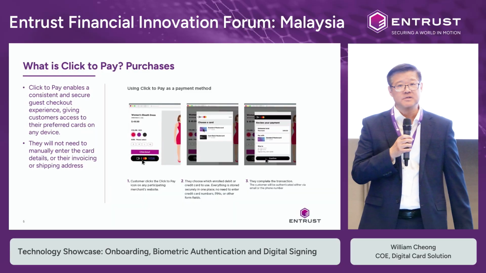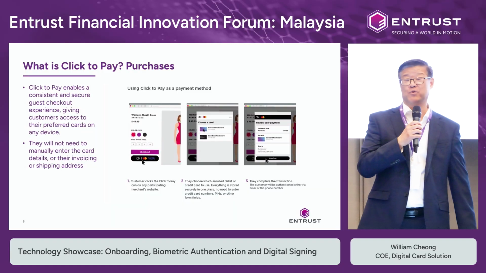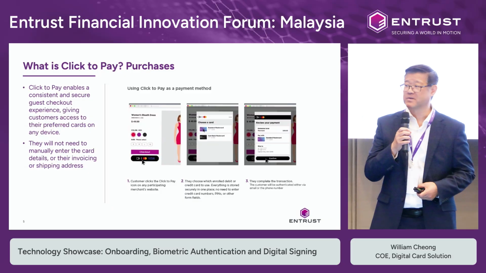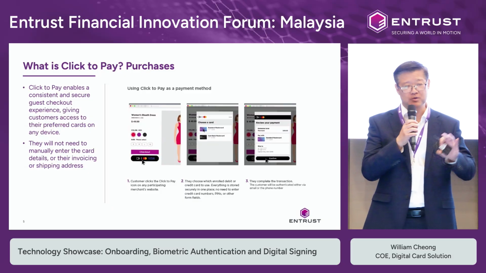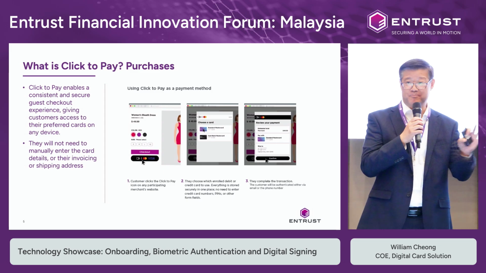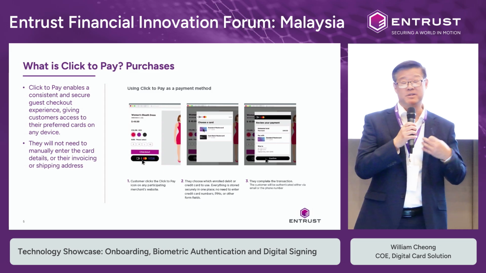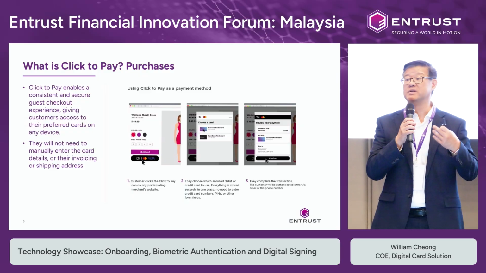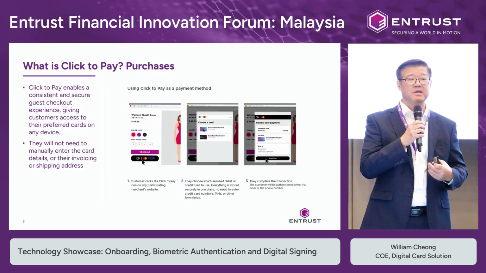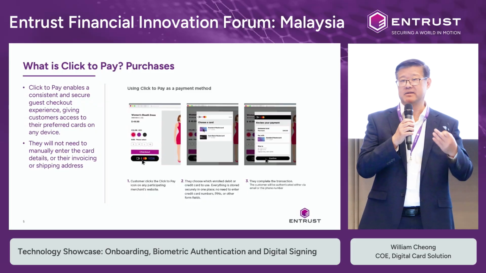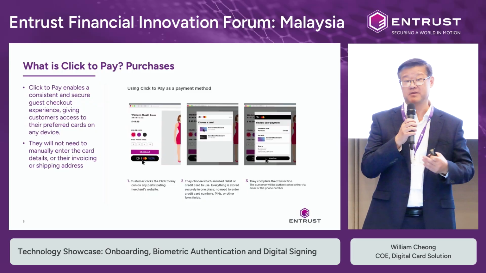Okay, so let's talk about click-to-pay. How does that work from a cardholder perspective? Assuming that I've already enrolled into click-to-pay, and we'll talk in a few more slides about how that process happens, I go to an e-commerce site where I want to make a purchase, and I go to the checkout, and it provides me with the option of click-to-pay.